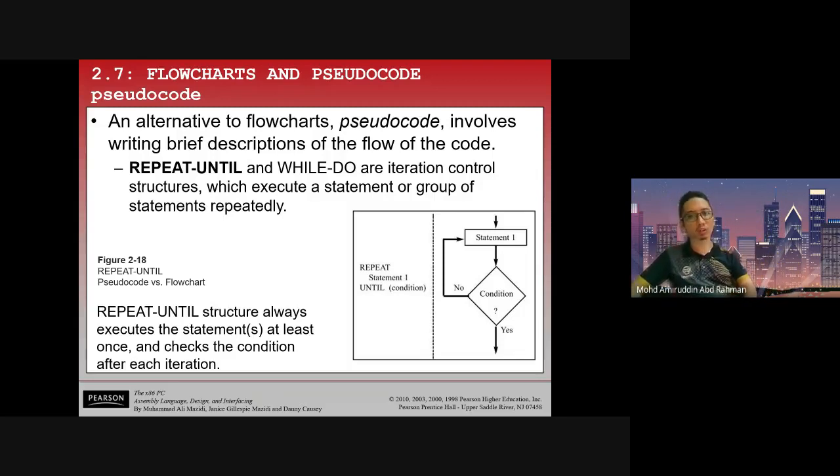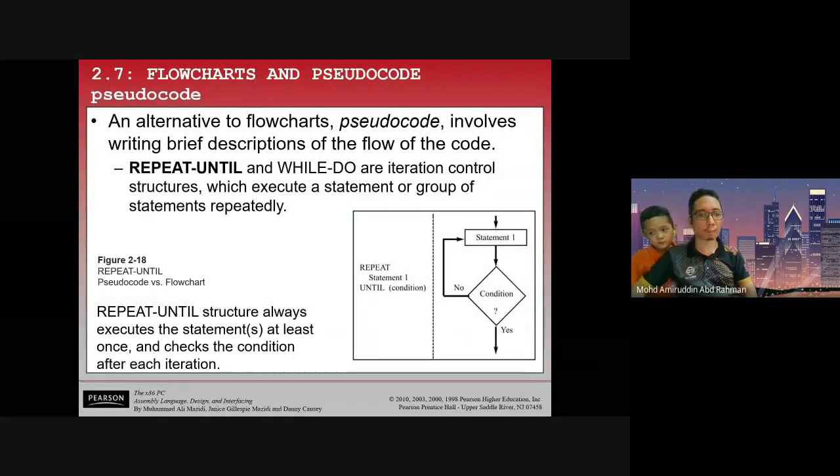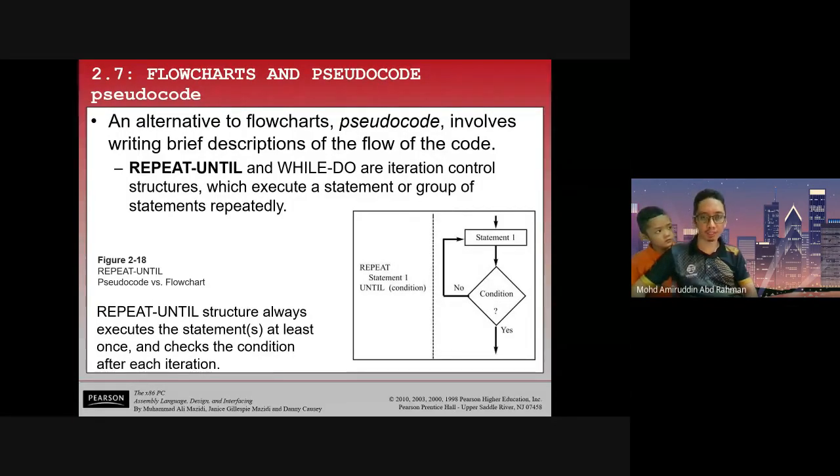And then if the condition is no, then it will continue to the next statement. So the way you write it in pseudocode will be repeat, and then write the statement. Go to the school will be repeated again and again until you bring the book. Okay, so that's the repeating statement.